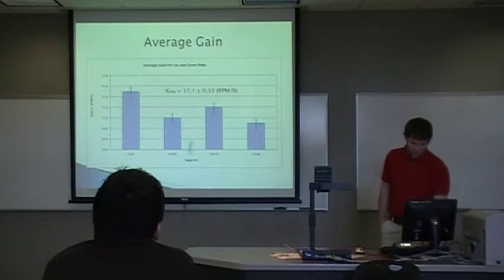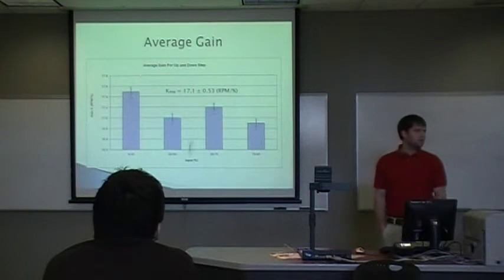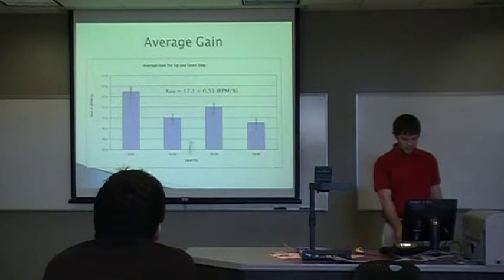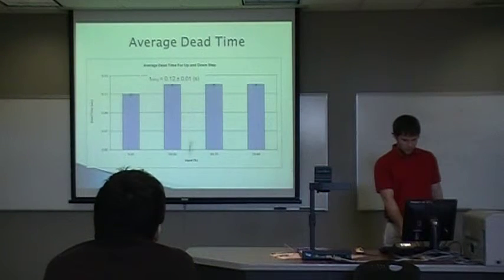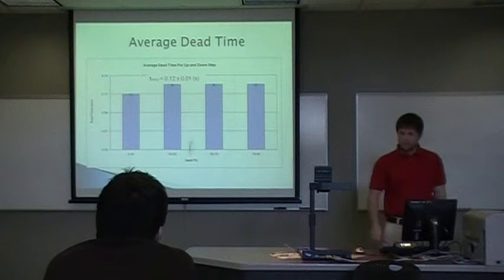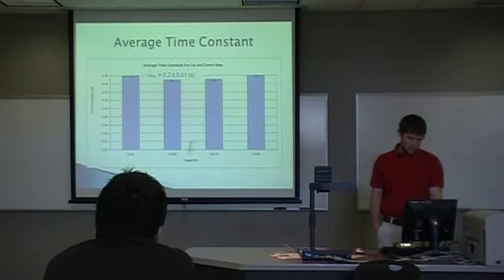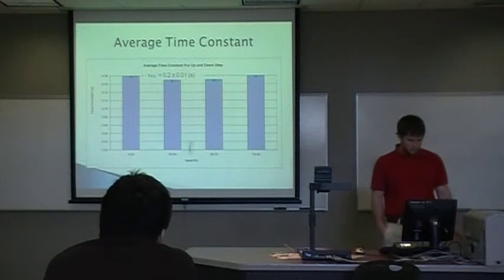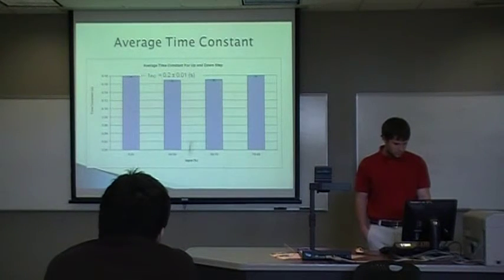For this, our average gain was 17.1 plus or minus 0.53 RPM per percent, and the average dead time was 0.12 plus or minus 0.01 seconds. The time constant was 0.2 plus or minus 0.01 seconds.